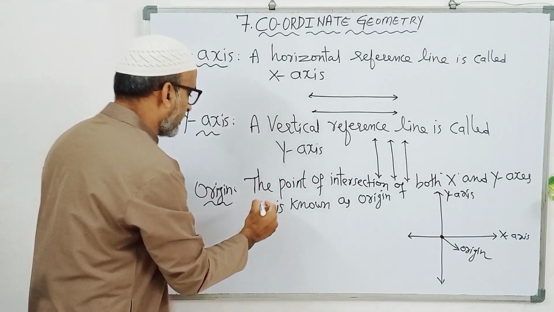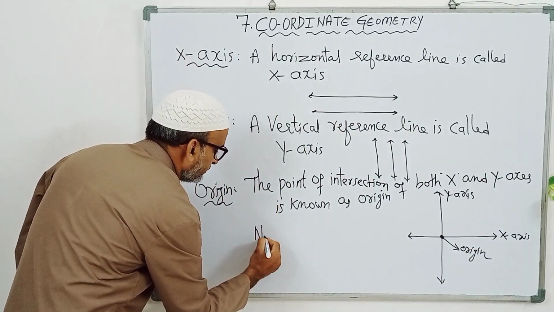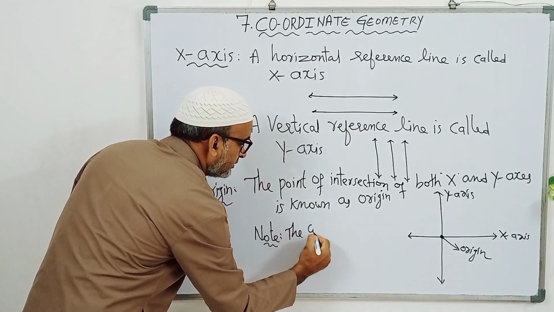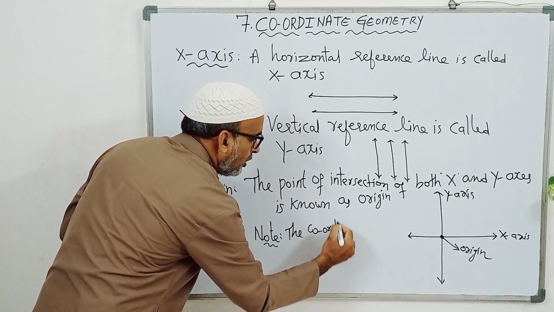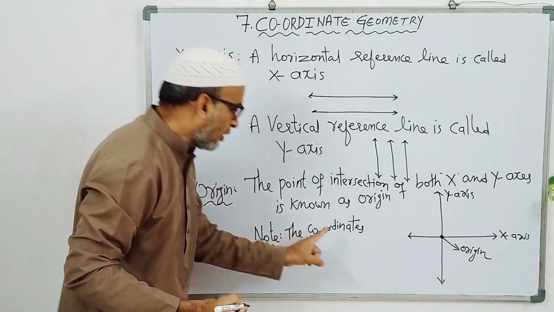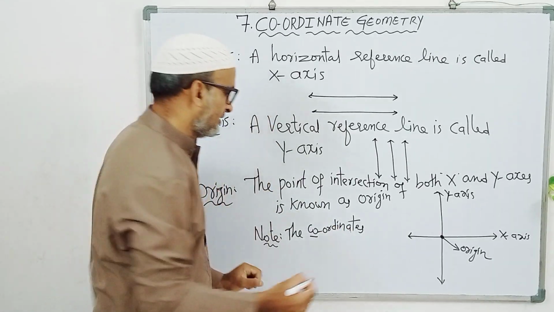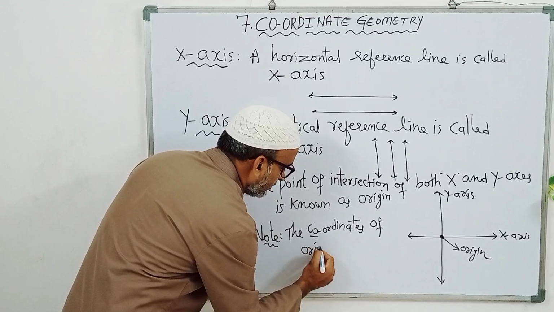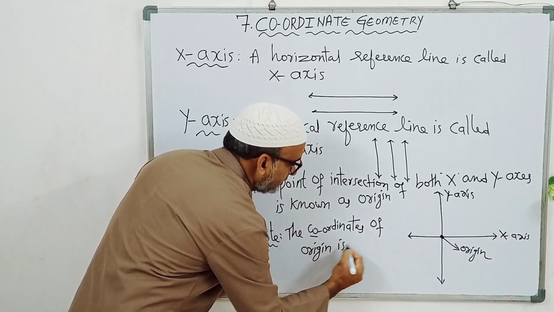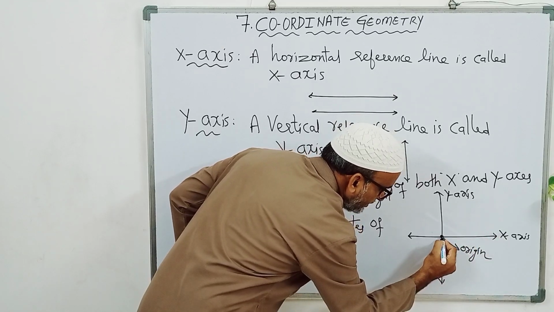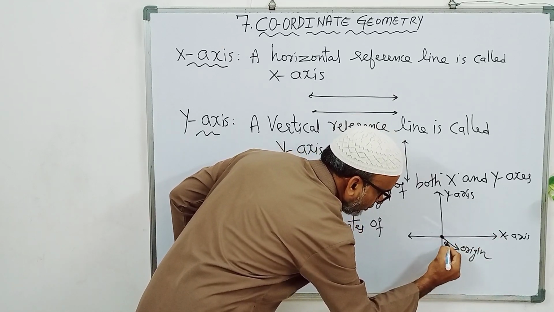Okay, in this, one important point, note the coordinates. Co means 2, ordinates means 2 points. The coordinates of origin: here you see, this is x-axis, starting from here at 0.